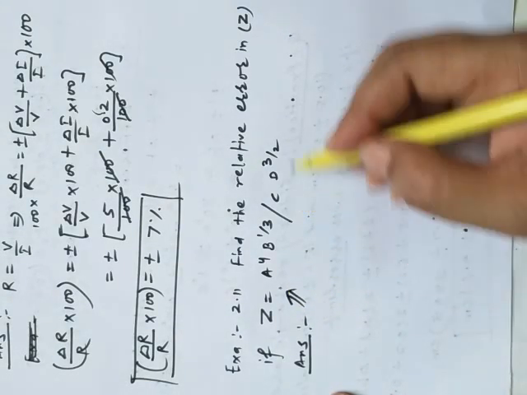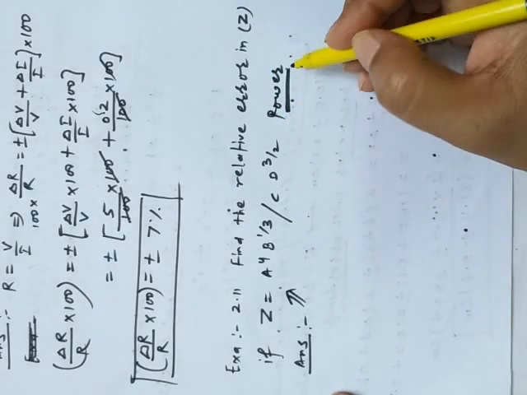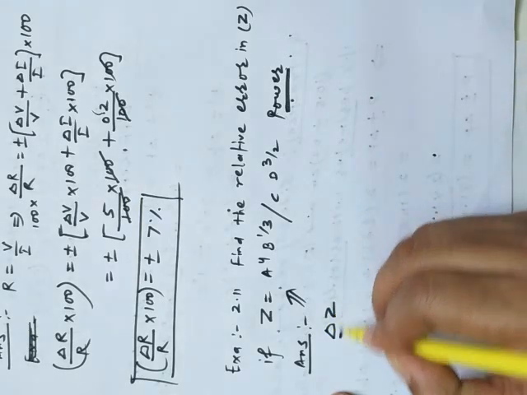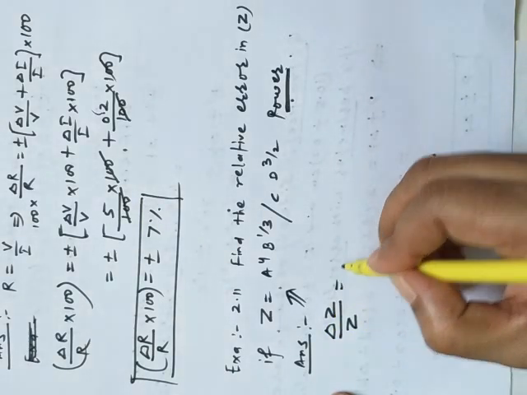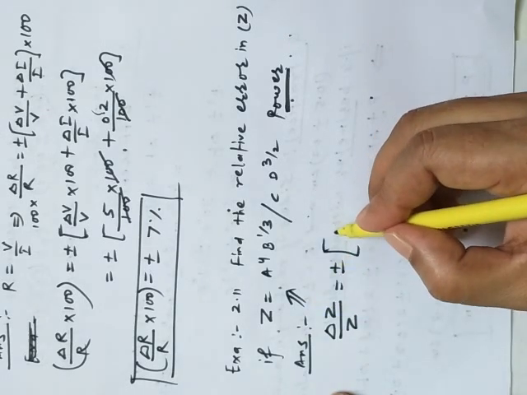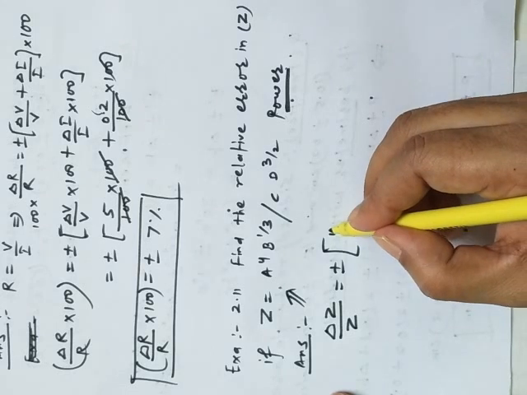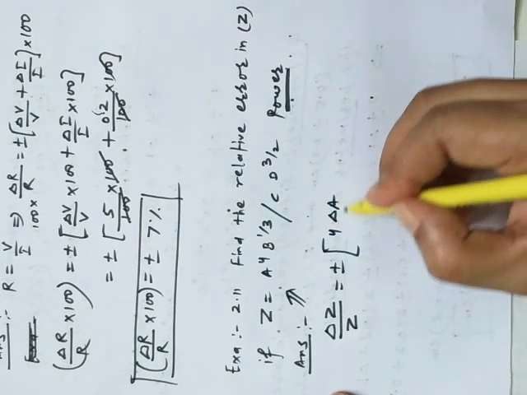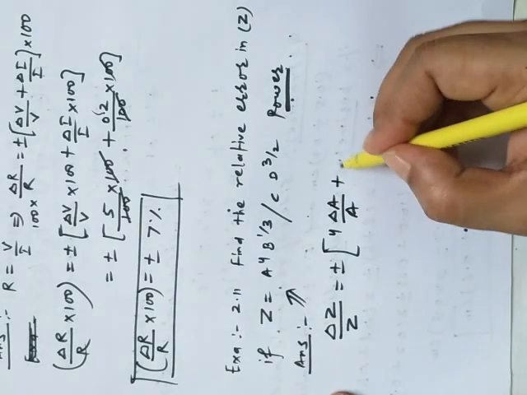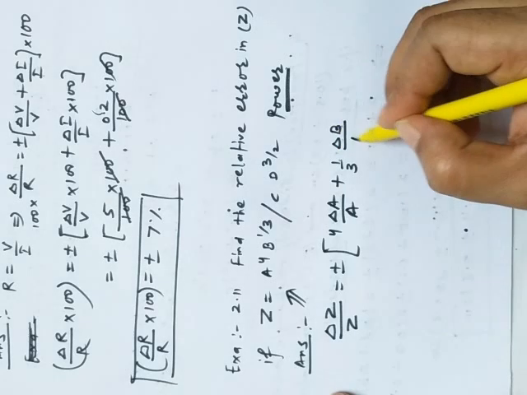This is given in the power notation. So we will use the power notation formula here: delta Z upon Z is equal to plus minus. Now we multiply the power with the fractional error in A, that is 4 delta A upon A. It is a simple representation of that part, plus 1 by 3 power multiplied with delta b upon b.